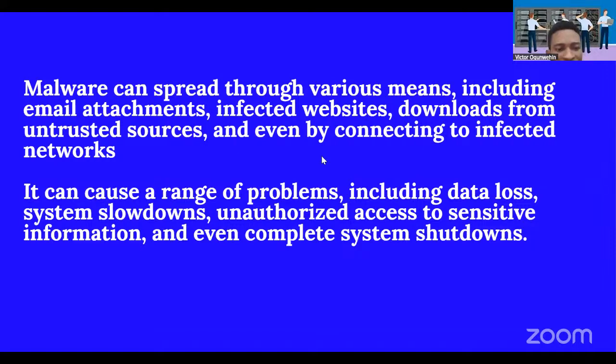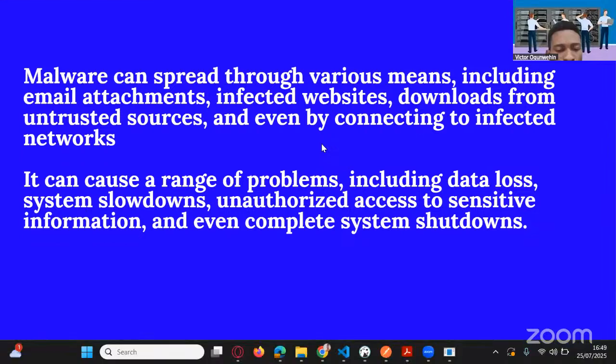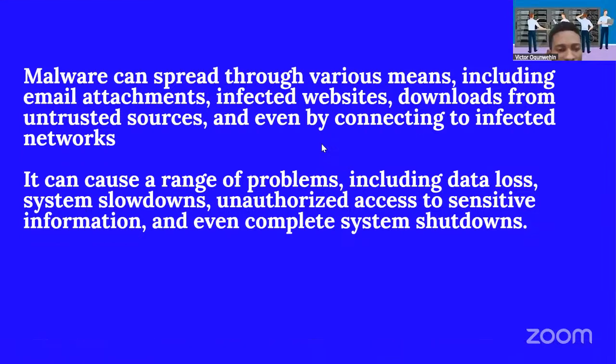You need to ensure that the email sender is a trusted person before you just download the attachment, because at the point of downloading attachments online, a malware can come along to cause damage in your computer system. It can also be spread through infected websites. You just click on a web link unknowingly, but that website is coming with a malware. We'll look at some malware in the next slide. Also through downloads from untrusted sources, and even by connecting to infected networks.